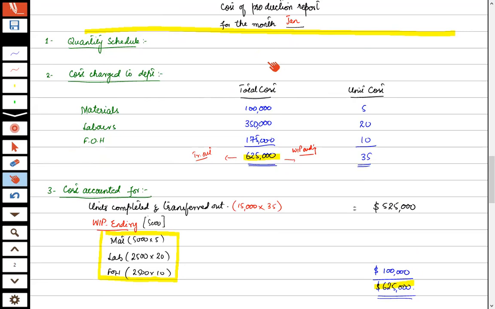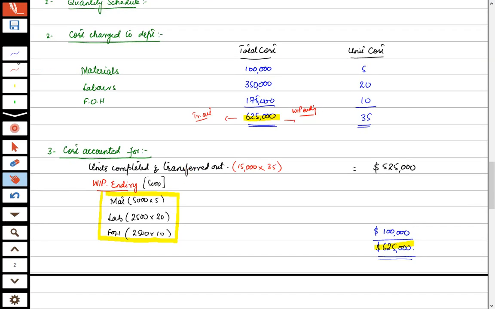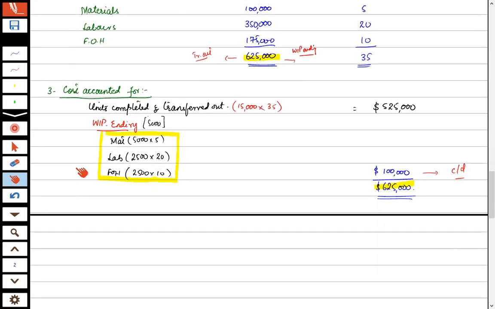If we see it in the perspective of a T account, this would become CD, because these are ending values and they will be carried down and brought down in the next month. That would be considered as brought down. Agree on that? Great. Just to connect these things, this will be beneficial for our next topic.